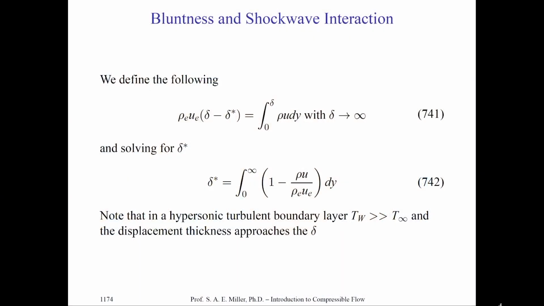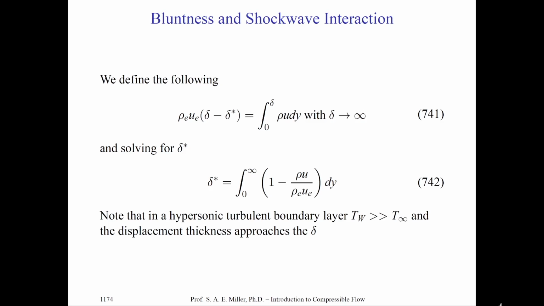Let's do some analysis now to understand this. We'll say rho_e u_e times (delta minus delta star), which is boundary layer thickness minus displacement thickness. The subscript e denotes the value at the edge of the boundary layer. We'll say that goes as the integral from 0 to delta of rho u dy.